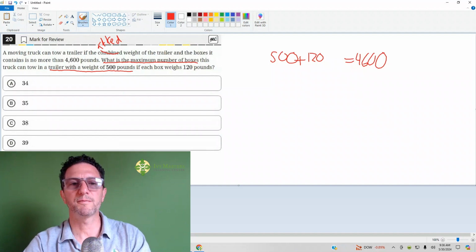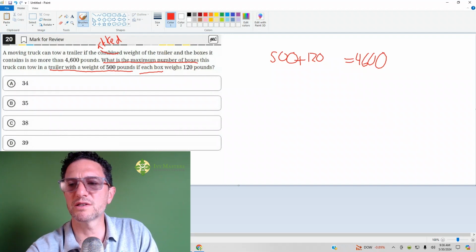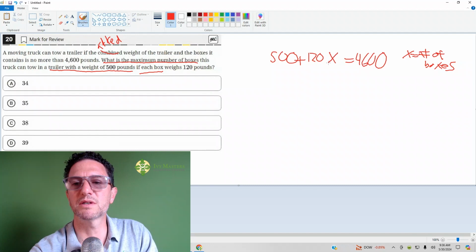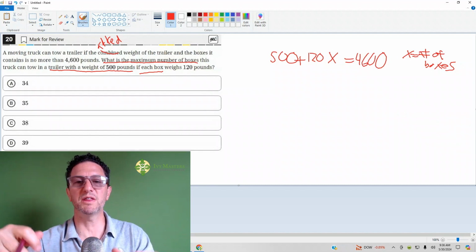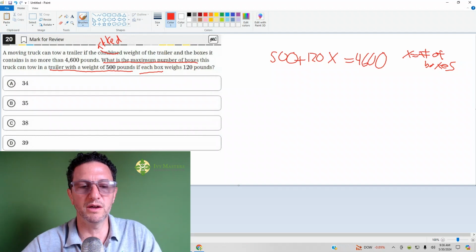What are we missing? Notice it says for each box, so we need the number of boxes. So if X equals the number of boxes, then 120 times X is going to be the total weight in boxes.